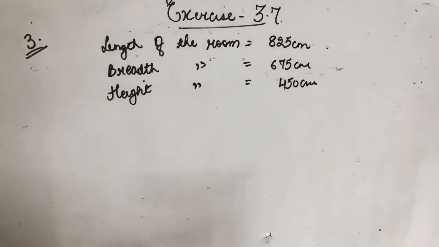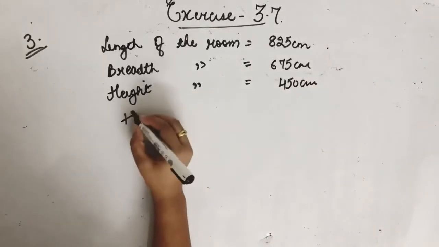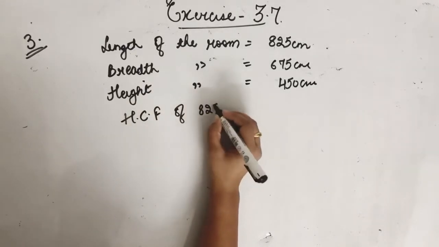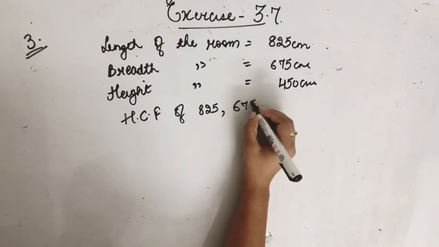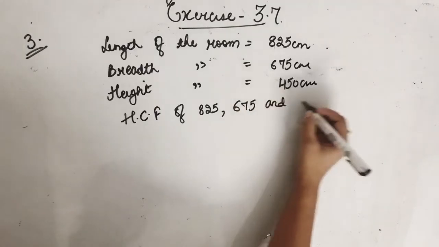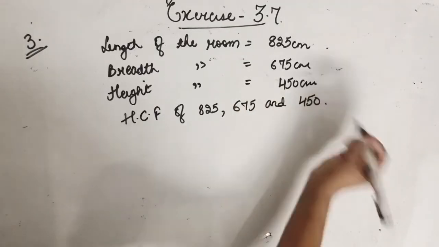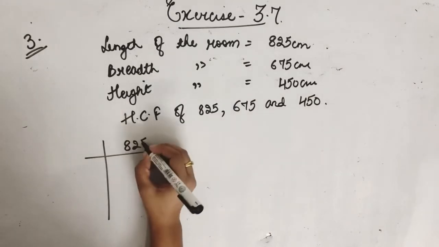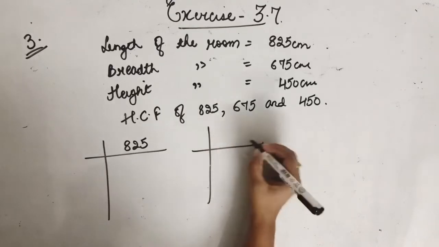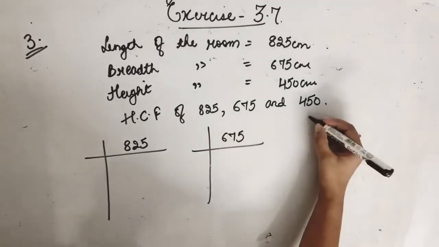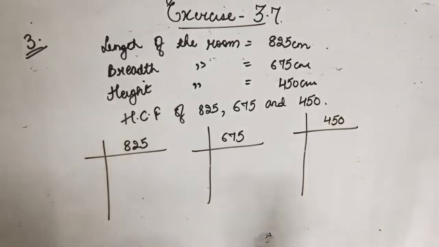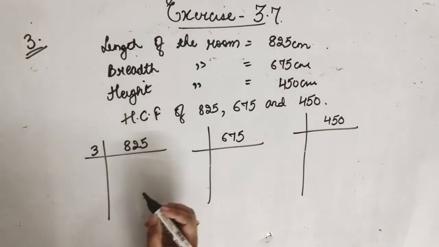Now you have to find the longest. So you will find HCF of 825, 675 and 450. So you will find the prime factorizations of 825, 675 and 450.